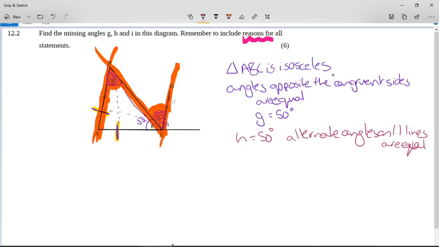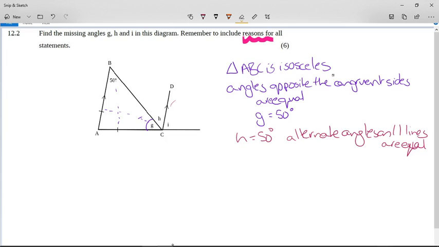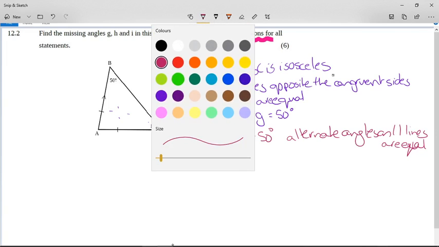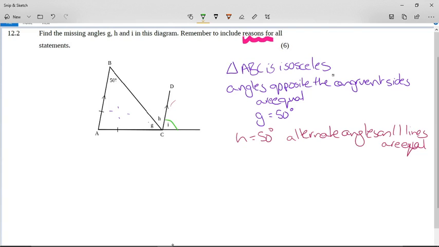Okay, and now we are left with finding angle I. So what will help us find angle I? Let us have a look in here. Let's use another color for angle I. Here's angle I, but we've just found out that this angle was 50 degrees, and we figured out that this angle was 50 degrees.